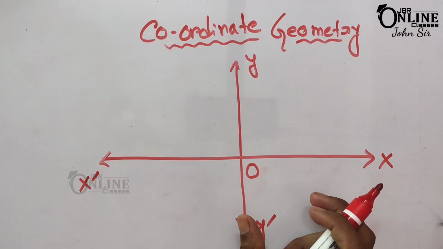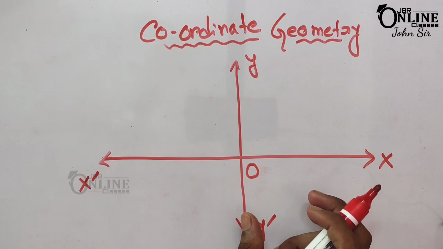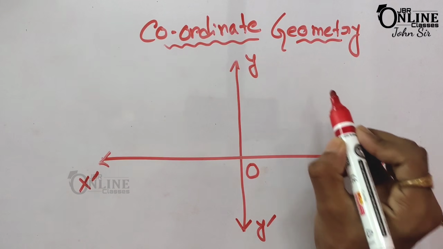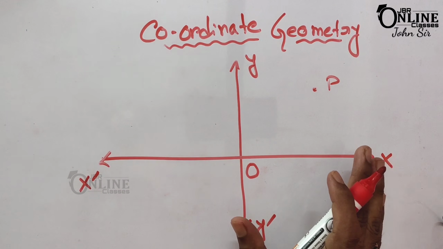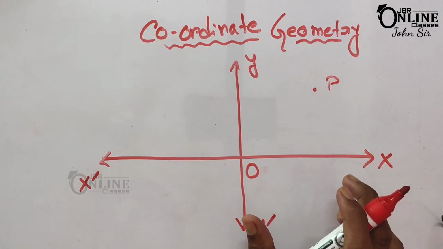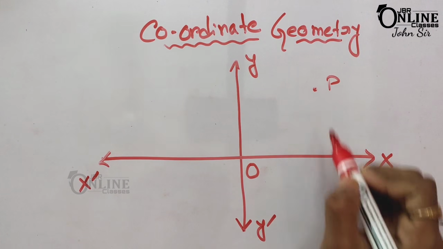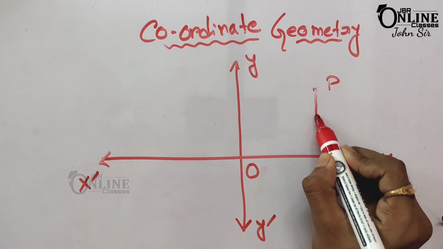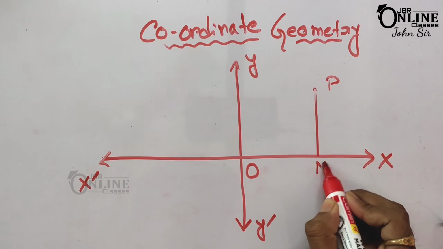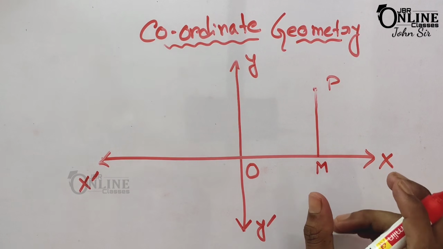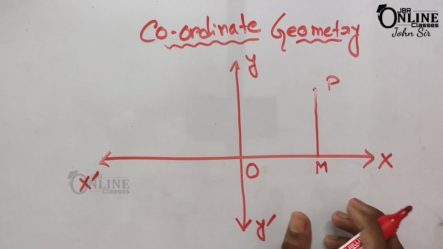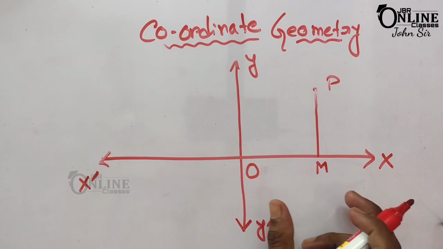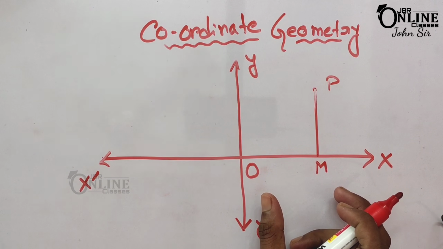Now the next thing is coordinates of a point. Suppose P is a point on the coordinate plane. From P draw first a perpendicular on the X axis, and that is PM.